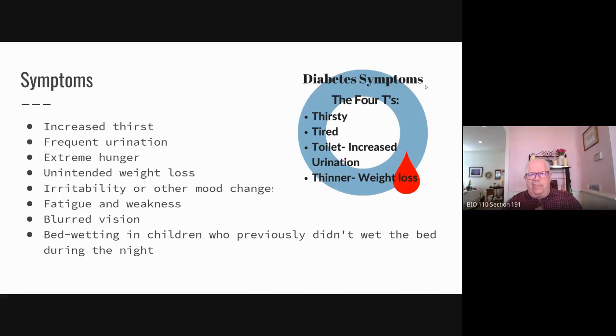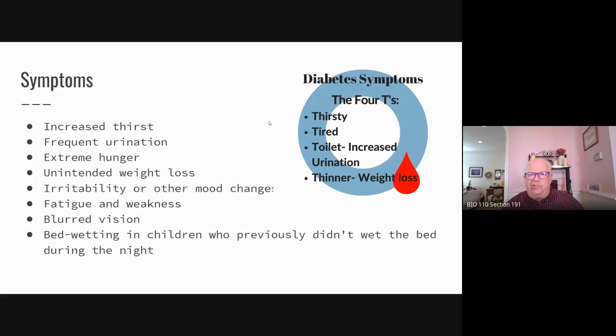So, what are the symptoms of diabetes? Well, here she has the 4 T's: thirsty, tired, toilet increase, it means you're urinating too much, or thinner. Actually, in medical school, we learned the 3 P's. Polyuria, you pee too much.